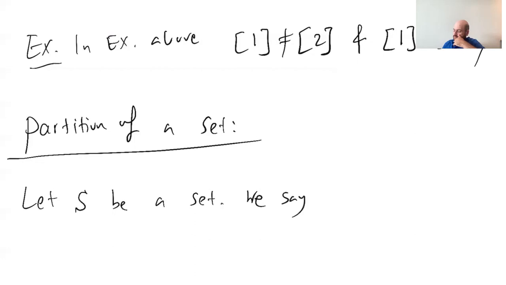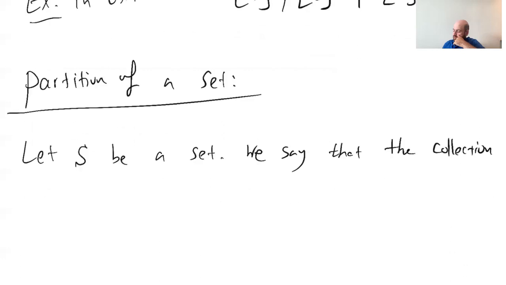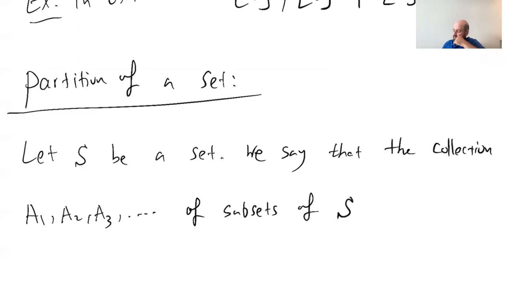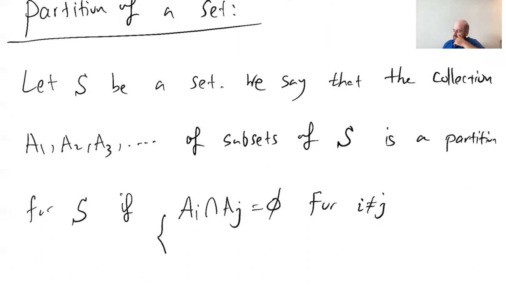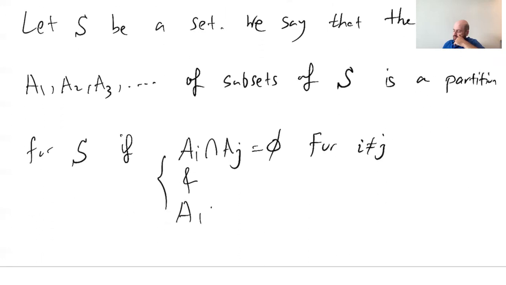We say that the collection A1, A2, A3, and so on, of subsets of S is a partition for S if Ai intersection Aj is the empty set for i not equal to j, and the union of all of them is equal to S.